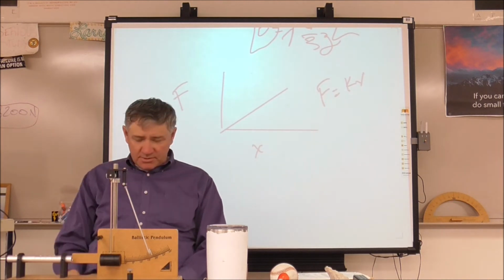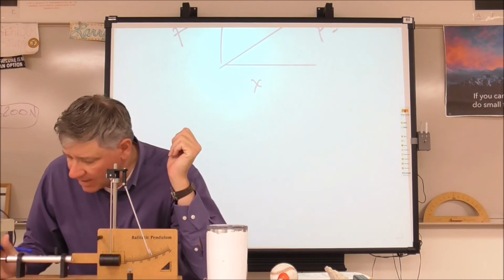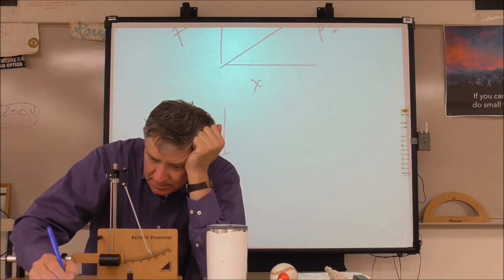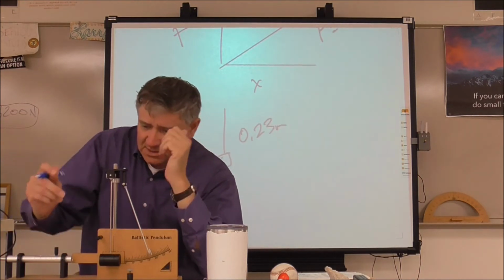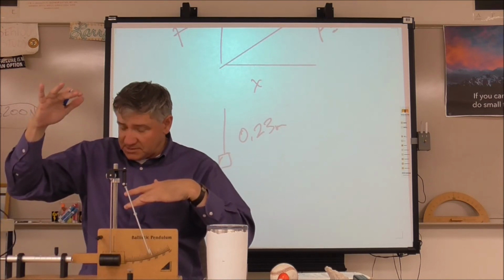Okay, that's what I want to do. So, I've got a pendulum, and that length is 0.23 meters. So that's the distance from here down to here, so I know the length of my pendulum.